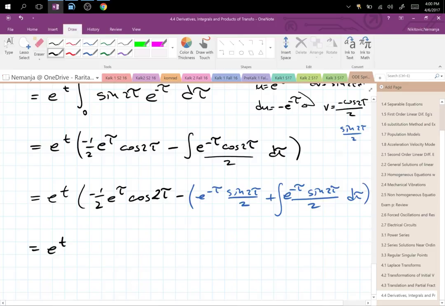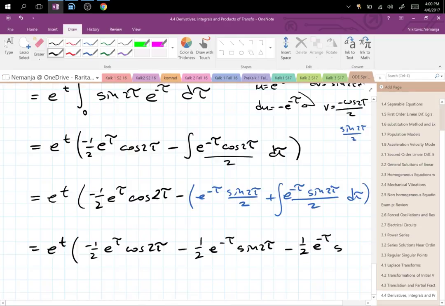e to the t times negative 1/2 e to the tau cosine 2 tau minus 1/2 e to the negative tau sine 2 tau, and then we have plus, nope, have minus 1/2 e to the negative tau sine 2 tau.